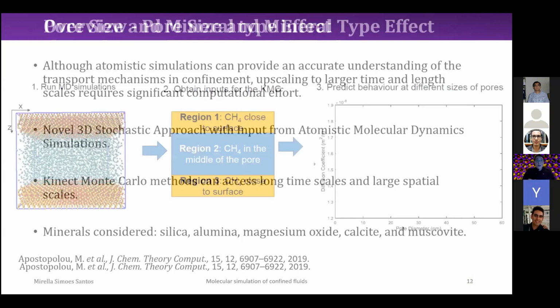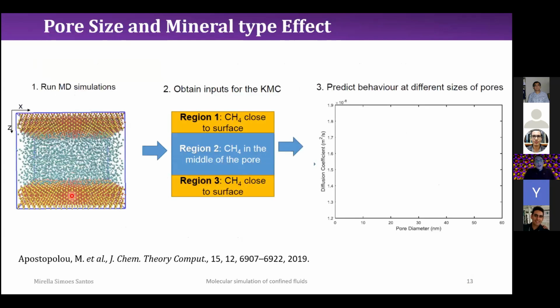As I just mentioned, what we have initially is information from equilibrium molecular dynamics simulations of the fluid of interest, which in this work is supercritical methane. And we use this information as an input to the kinetic Monte Carlo modeling framework.